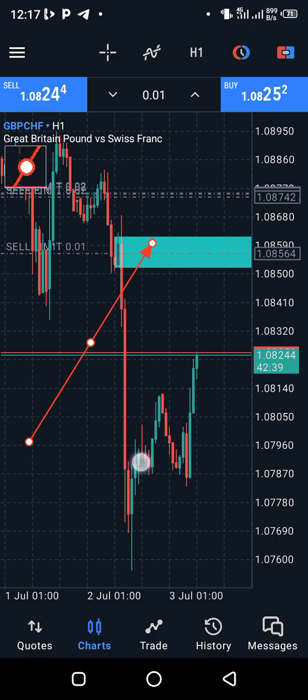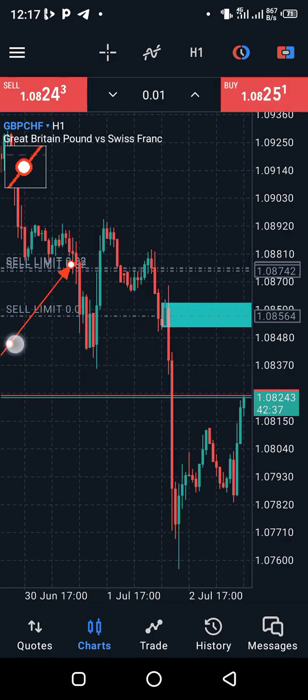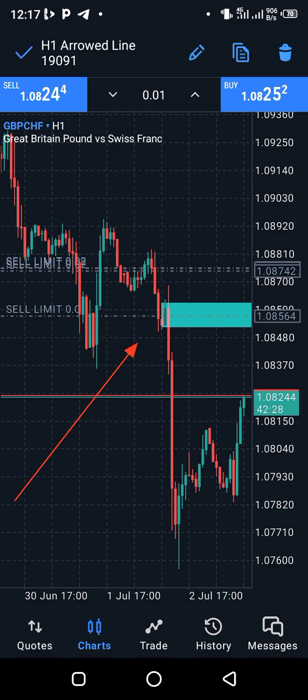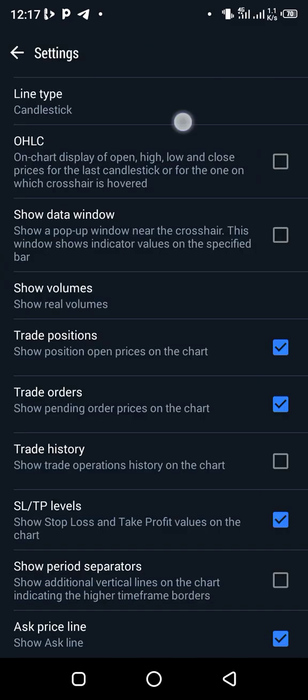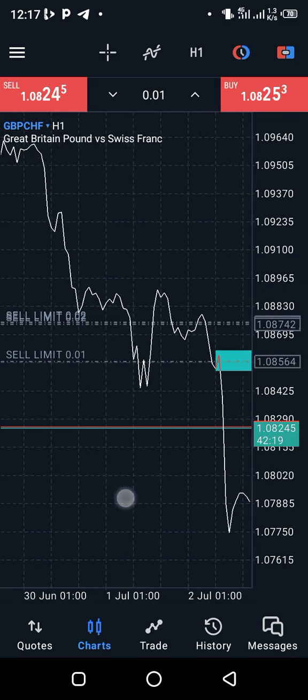Another level which I was looking at is around here, another key level. If I show you what I see, if you go to your line chart, this is clearer.